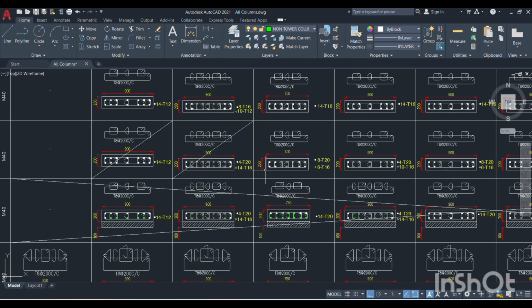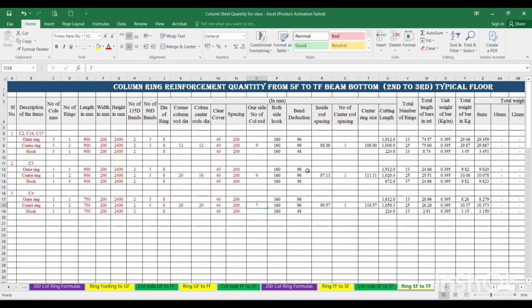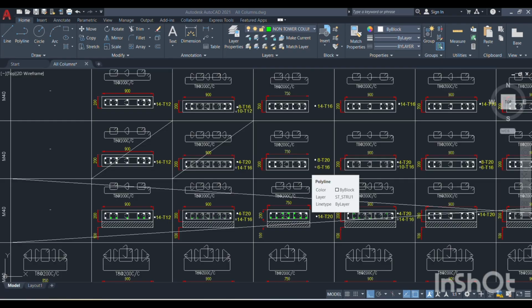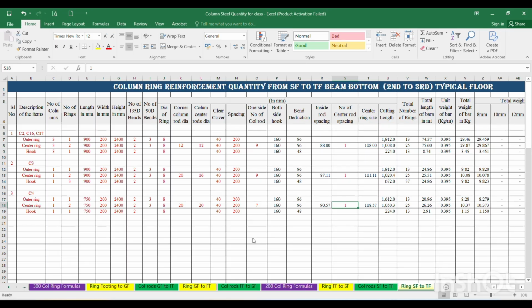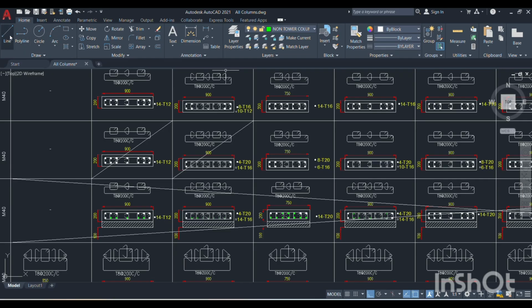Total 14 rods are there, one side 7 is there. So you have to write 7 over here. Then both side hook, bend deduction, everything calculation, number of center rod spacing, 2 rods are there inside that, then 1. So then C4 is over, then just cross this C4.